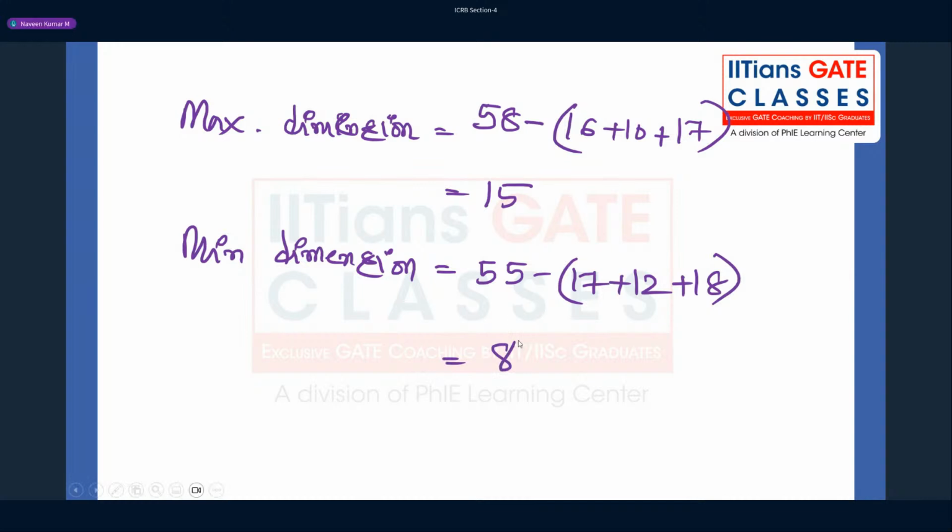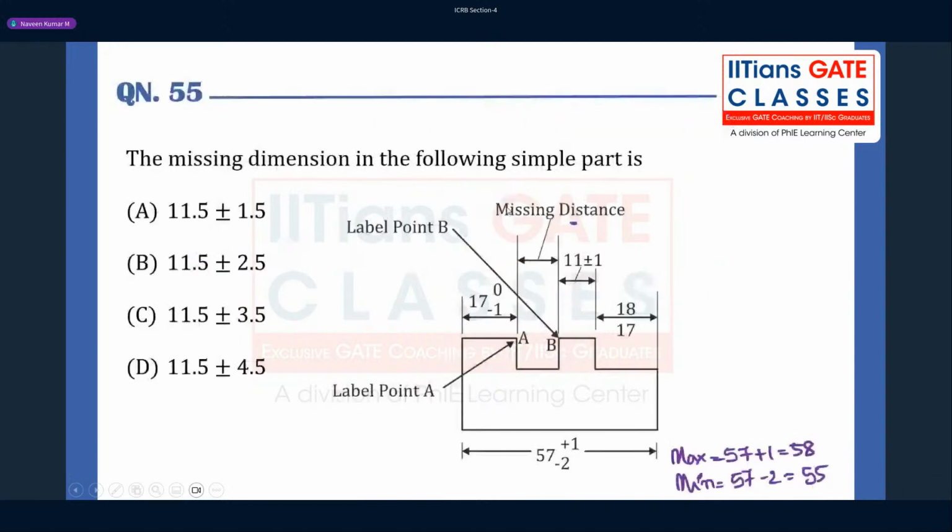So now let's see the options. So maximum dimension of the missing component is 15. 11.5 plus 1.5 is 13. This is 12, 13, this is 14, this is 15. Yes, this is the answer.